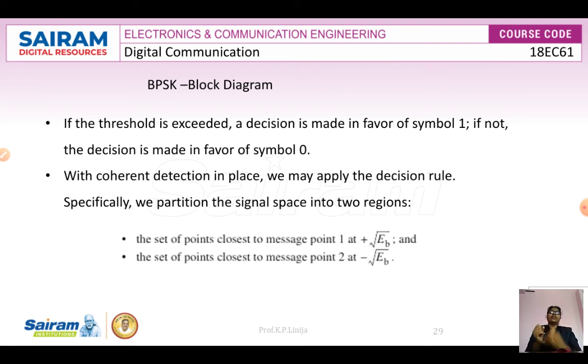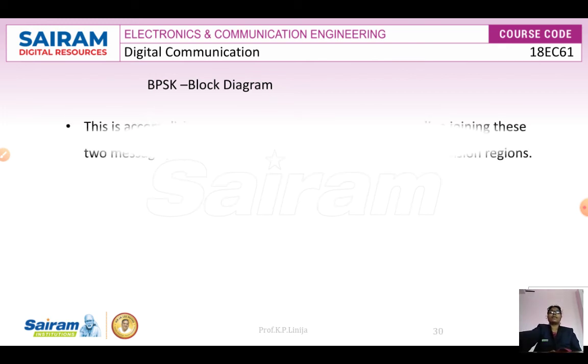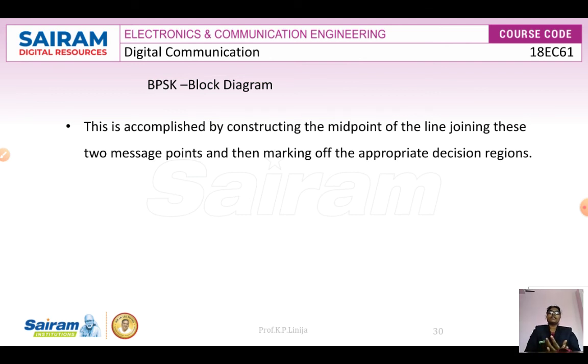We know from the prior discussion that for symbol 1 the amplitude is plus root Eb, and for symbol 0 the amplitude is minus root Eb. Whenever we partition the signal space into two regions, we can consider these two rules. Followed by this, we can construct the midpoint of the line joining these two message points and then mark the appropriate decision regions.